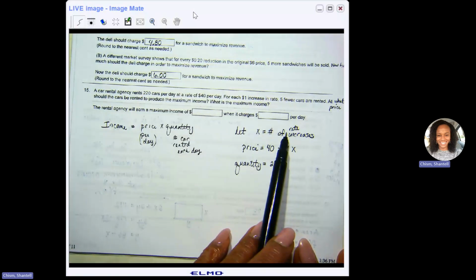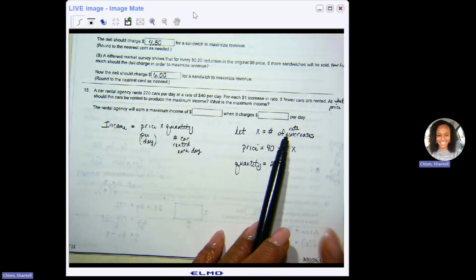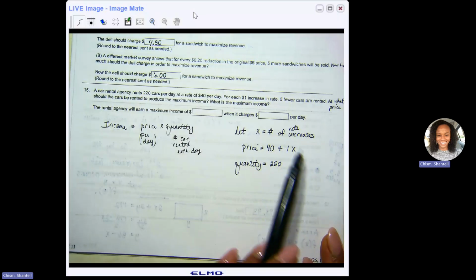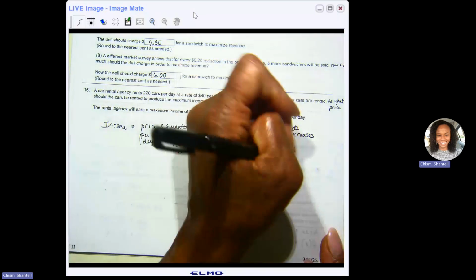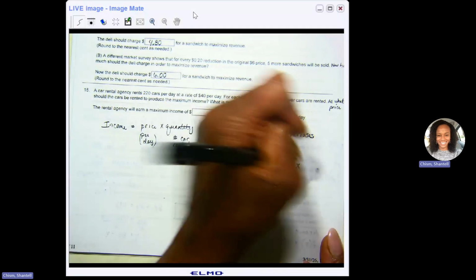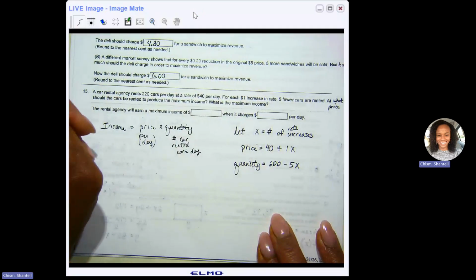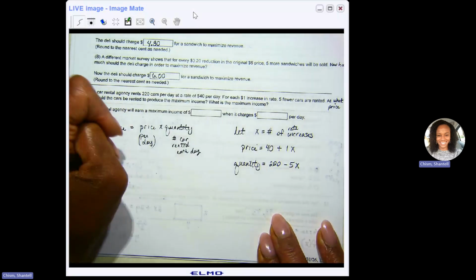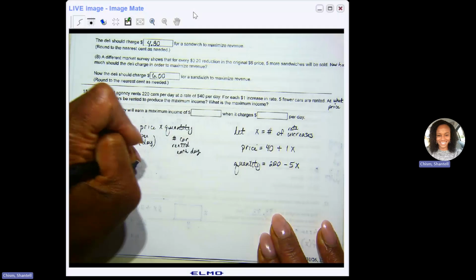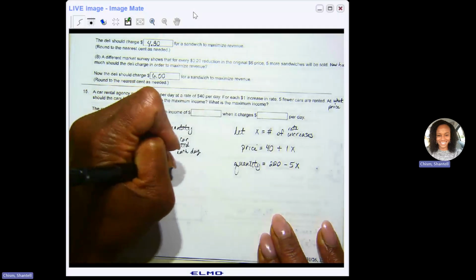As the number of rate increases rises, we will get 5 fewer cars rented out. So 220 minus 5 times X. Okay. So income or revenue, same thing. Income is 40 plus 1X times the quantity, which is 220 minus 5X.